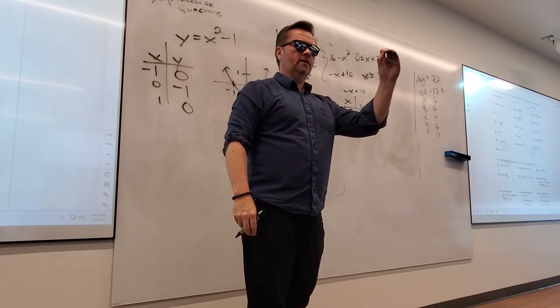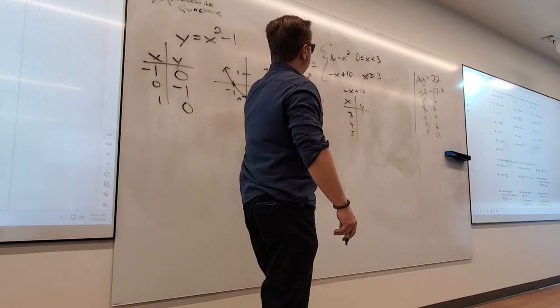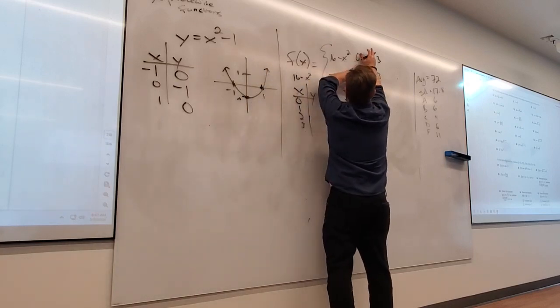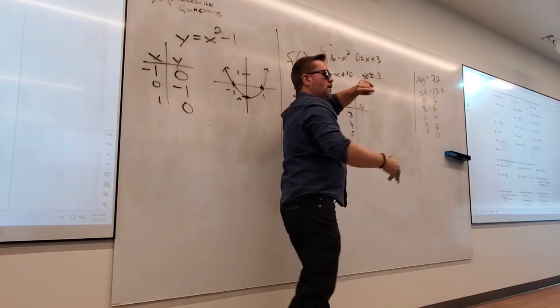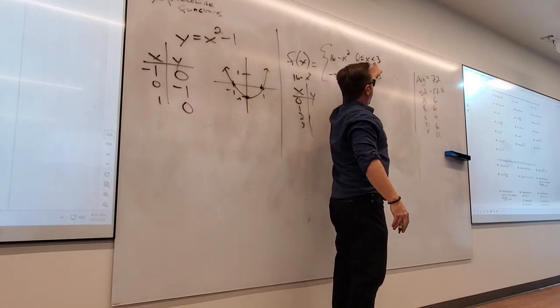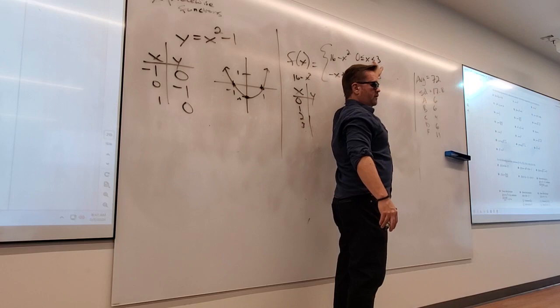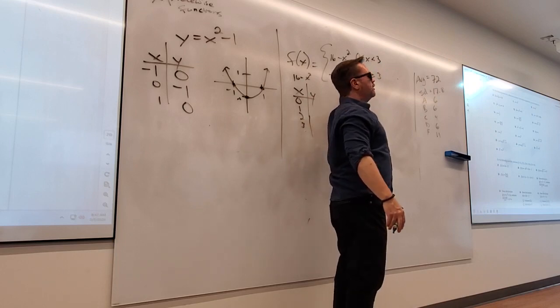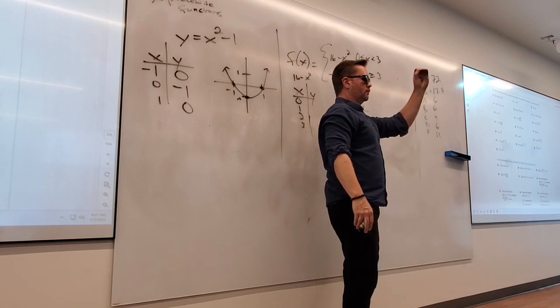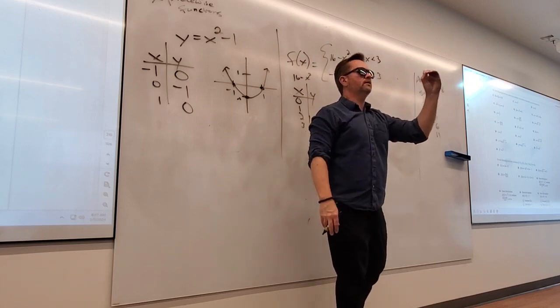See if this makes any sense. If it was just this function, I could put a 3 in there, correct? Officially, I'm not allowed to use 3 because it doesn't work at 3. This other one takes over, right? But I still want to know where to put this one's open circle. I still have to see where it would want to be.